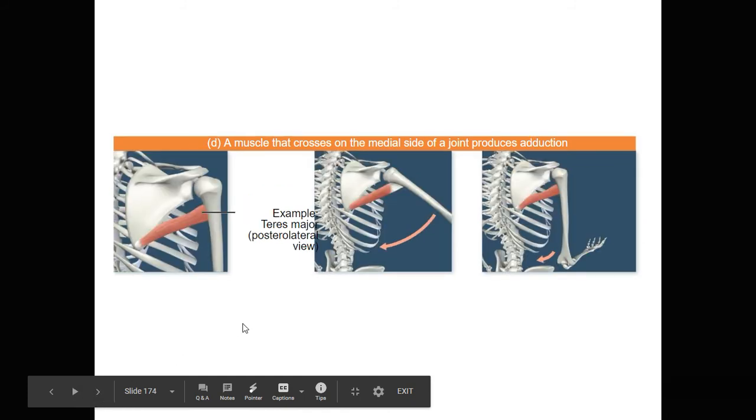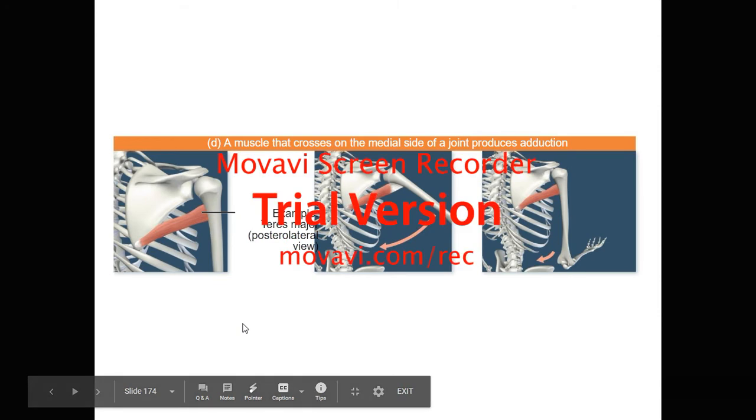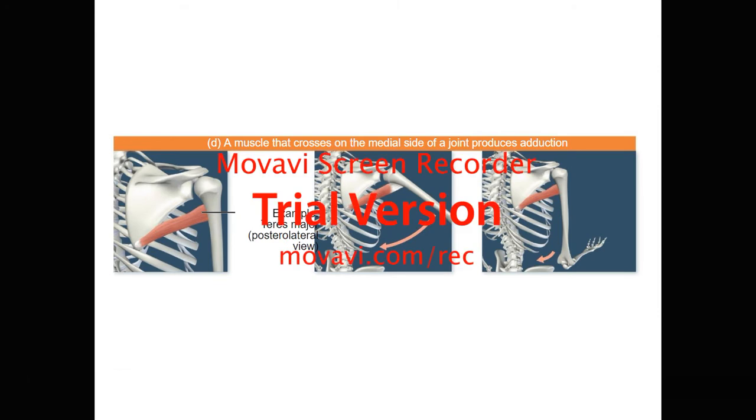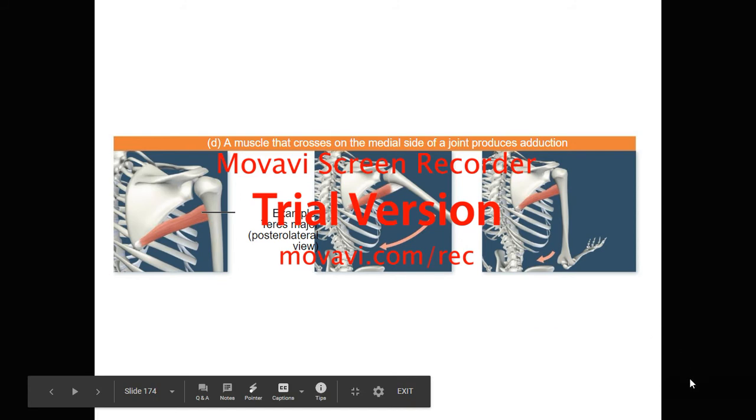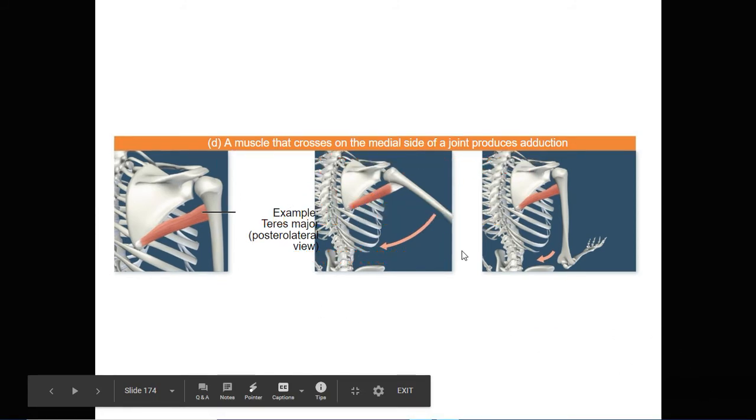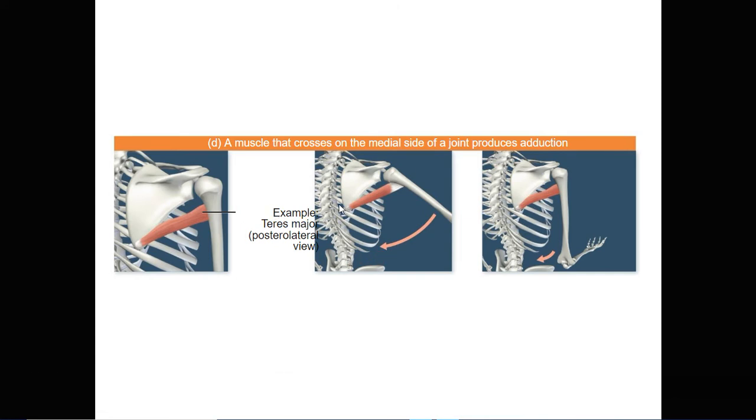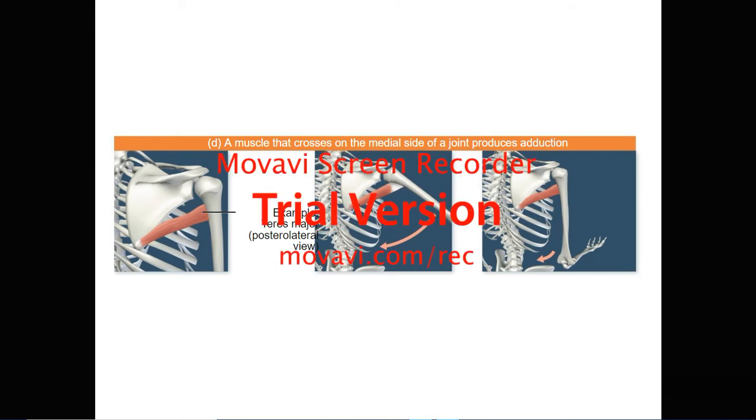And a muscle that crosses on the medial side of a joint produces adduction. An example is the teres major muscle, and that's a muscle that crosses on the medial side of a joint. It's going to produce adduction. All right, so the arms are moving toward the body.